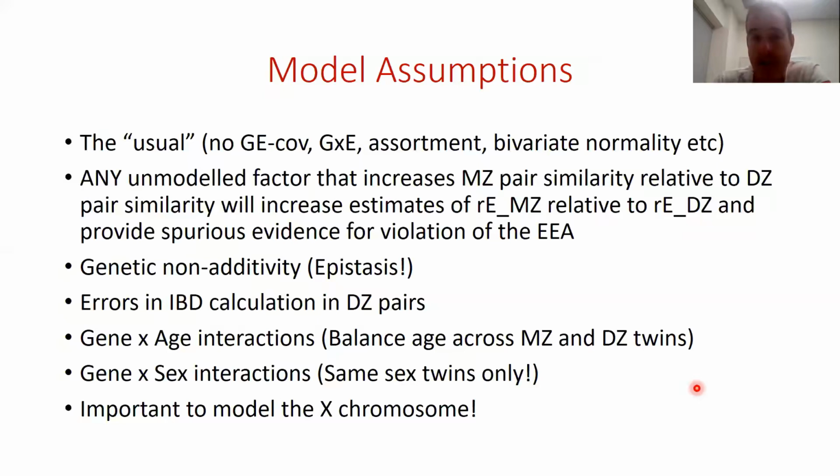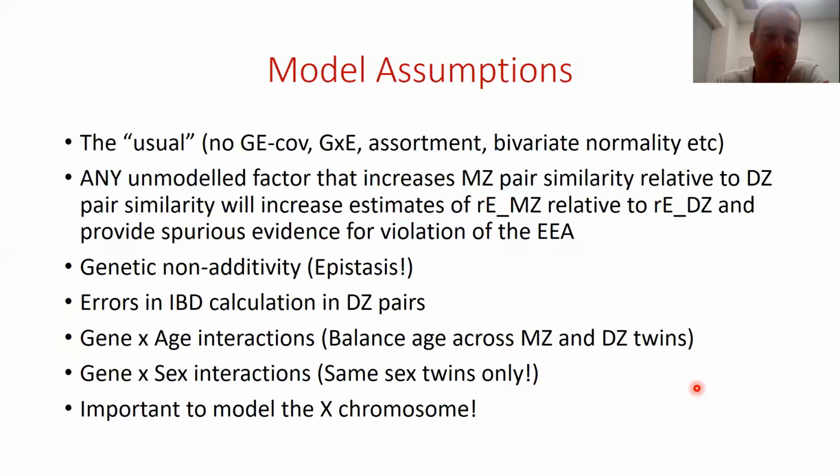Like any model that you use, there are going to be assumptions. I've listed some of them on this slide. So the usual assumptions in this world: the absence of gene-environment interaction, covariance, and assortative mating. You want bivariate normality for your phenotypes.